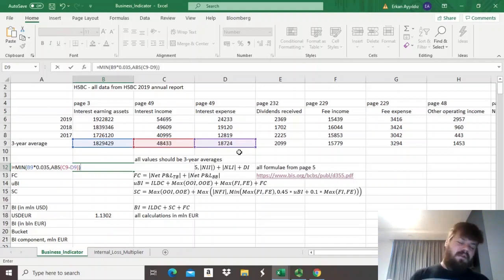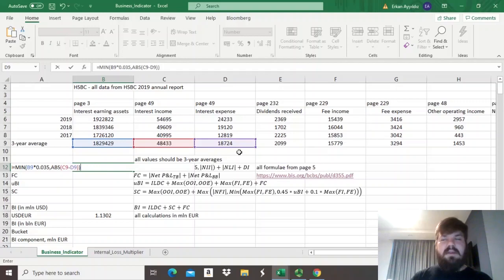Then, if all banks had completely adopted the new international financial reporting standards, we would have added the absolute value of net lease income, so lease income minus interest expense. But for now, banks report it within their other operating income. We can just ignore that for now.